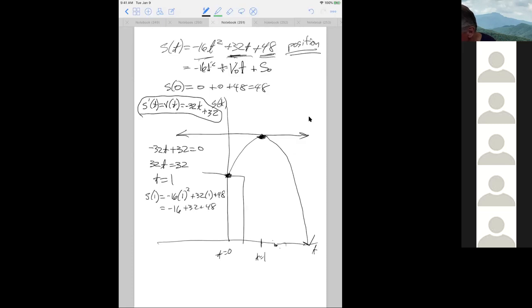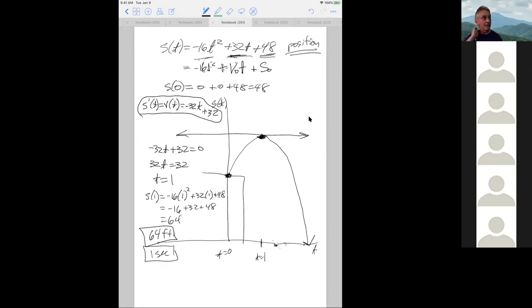That's 80 minus 16. That's 64. So the answer, how high did it get, is 64 feet. How long did it take to reach the highest point? 1 second. And part of the answer is the increment. So it took 1 second to get there.